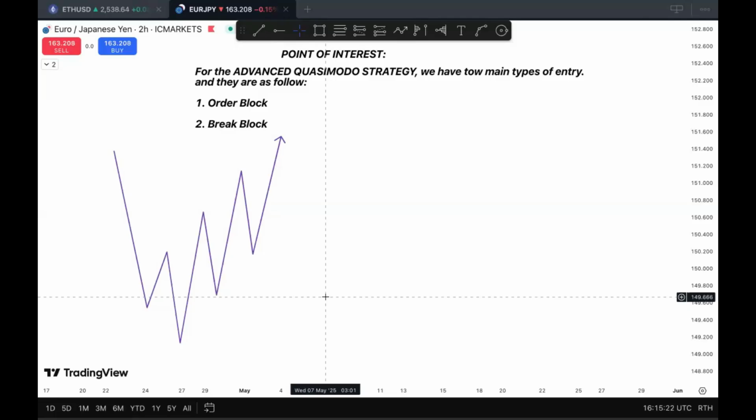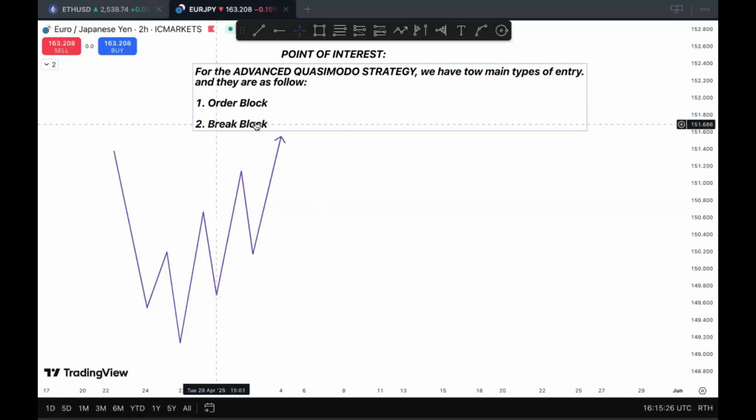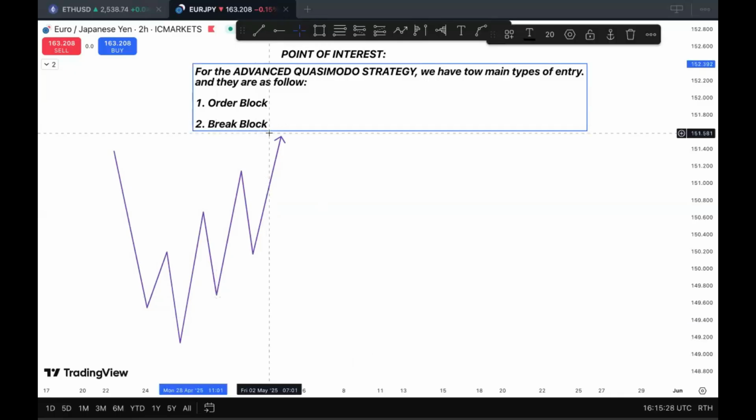A breaker block is a failed order block. So let me include it. A failed order block. That means a block that didn't hold initially. So that will be used as a POI.